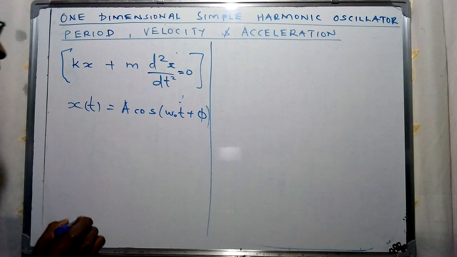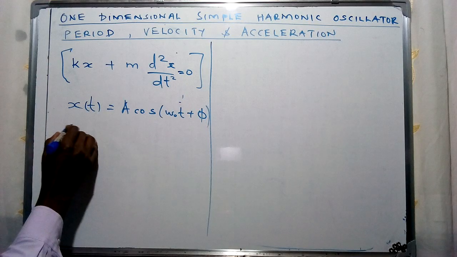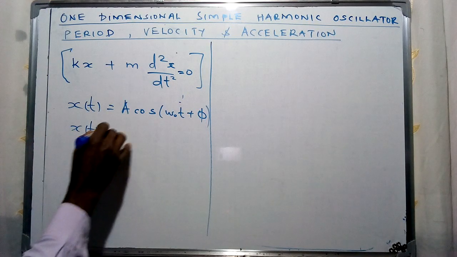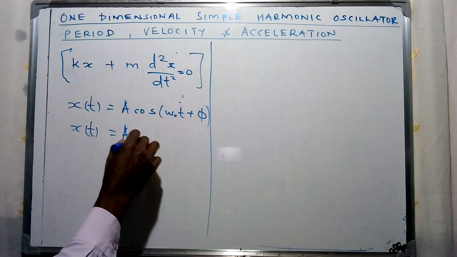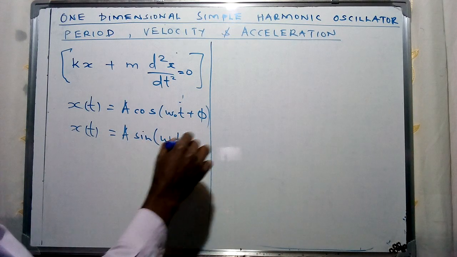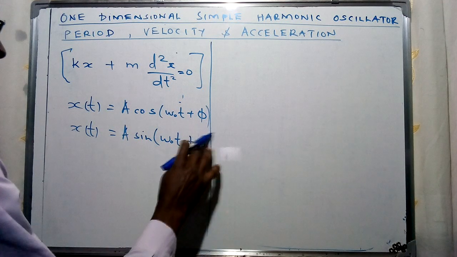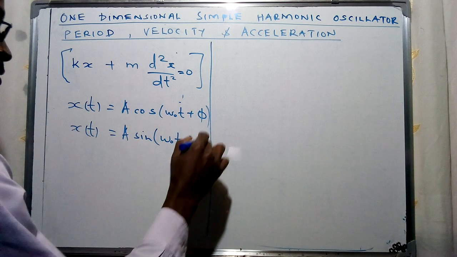So this is going to be our representation for the equation of motion of this simple harmonic oscillator. And apart from this function of the cosine, I can give another one, x(t) equals A sine of omega naught t plus phi. I'm going to elaborate on these specific sections of the equation.